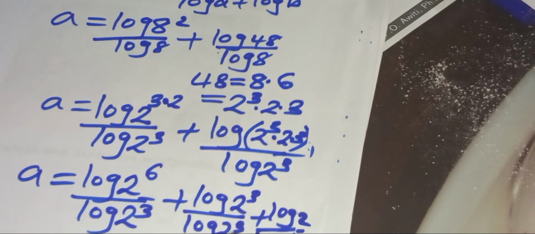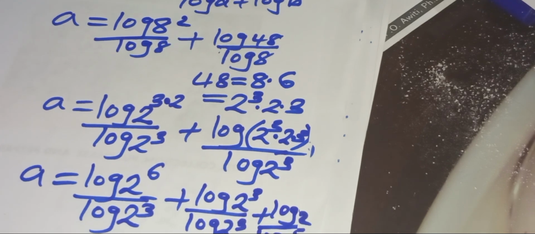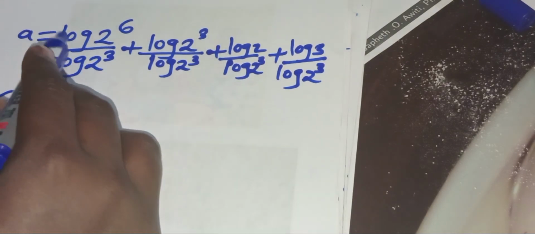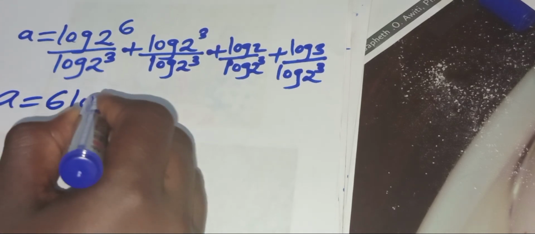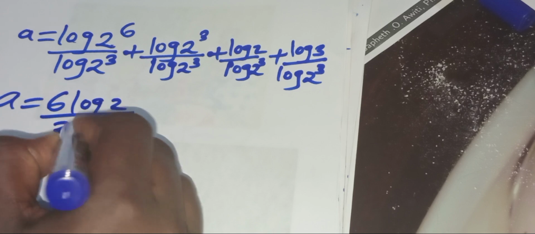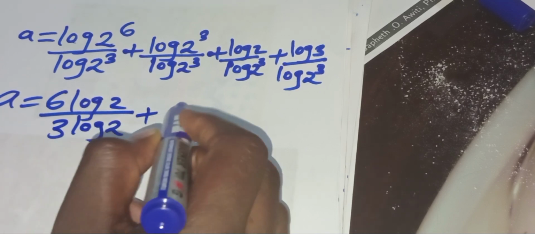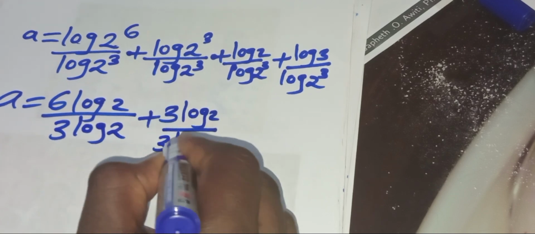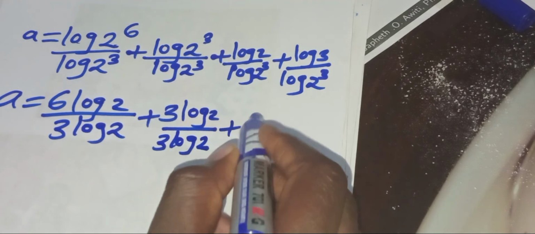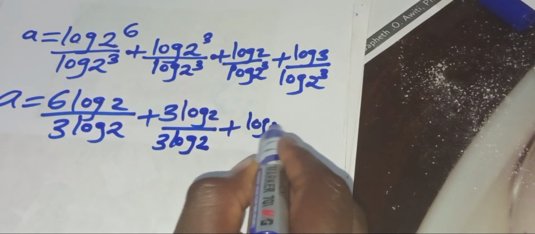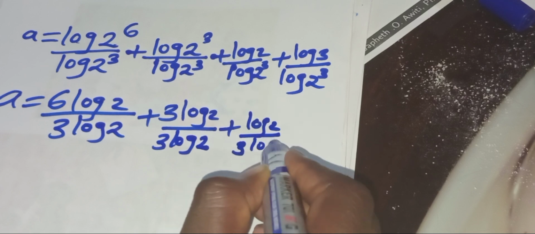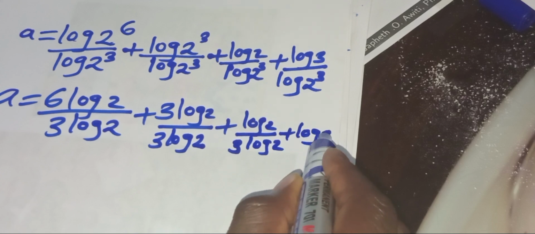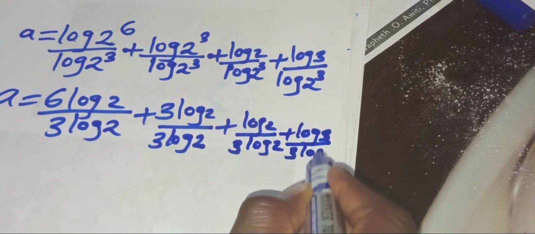Simplify this. We'll have a equal to log 2 to the power 6, which is 6 log 2 divided by 3 log 2, plus 3 log 2 divided by 3 log 2, plus log 2 divided by 3 log 2, plus log 3 divided by 3 log 2.